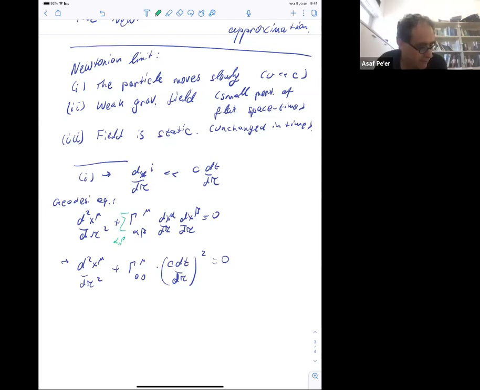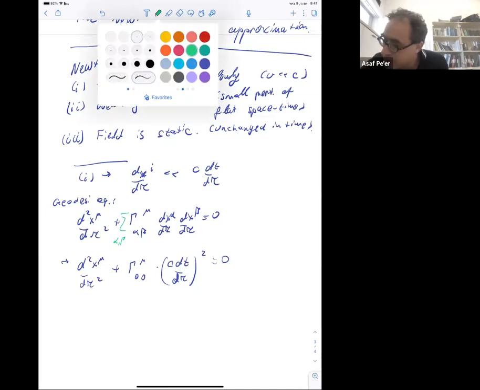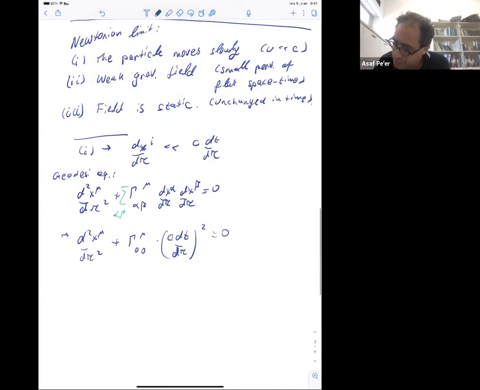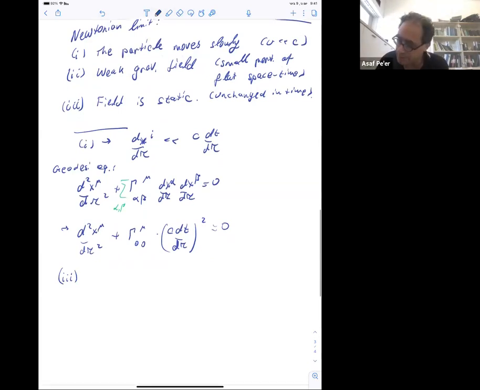Now, we said that the field is static. So point number 3: static field means that all the time derivatives of g_μν are 0, which means that we can now simplify the Christoffel symbol.